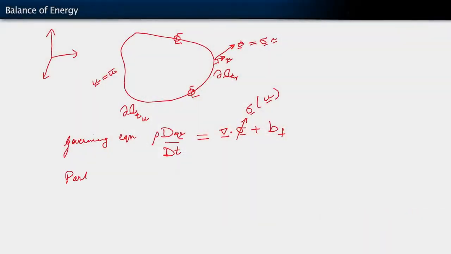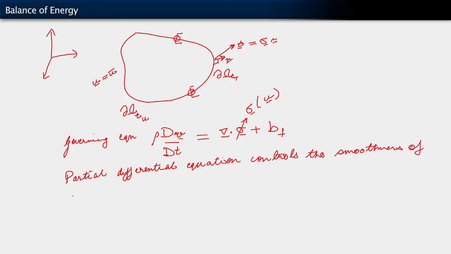So what this amounts to is that the partial differential equation controls the smoothness of the displacement field U, as a function of space, of position, and time.